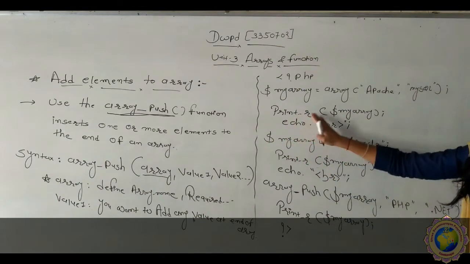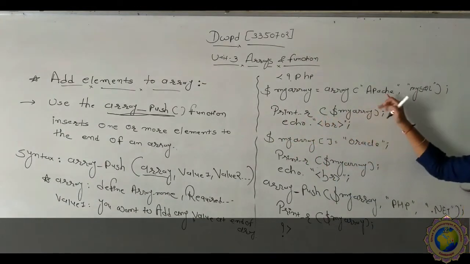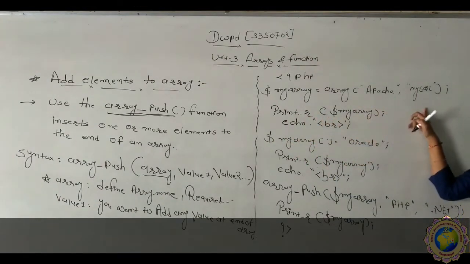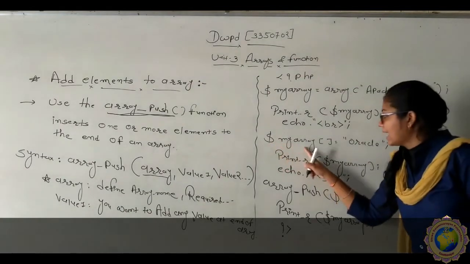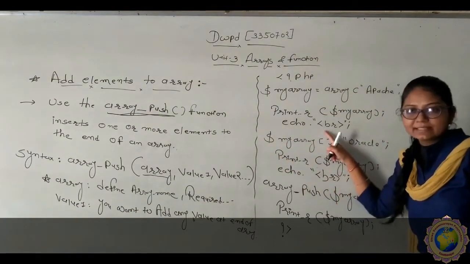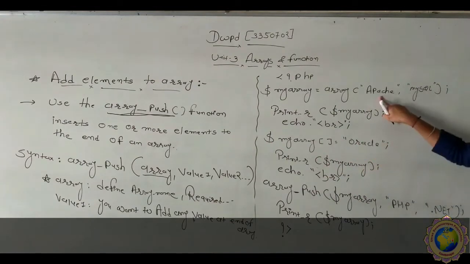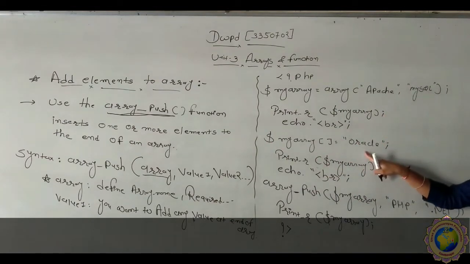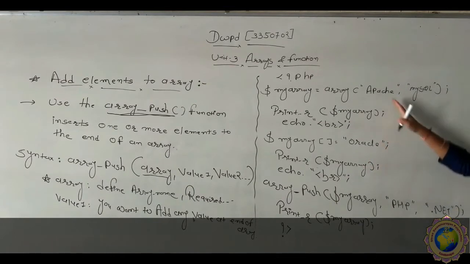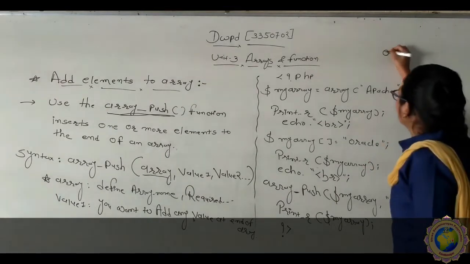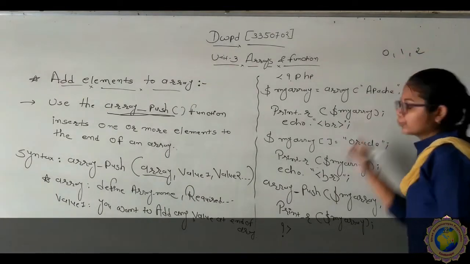So what will the print function first show in the output? Apache and MySQL. Then we use myArray with the index size as default, and add Oracle. Then Apache, MySQL and Oracle show at runtime with the three index values 0, 1 and 2.